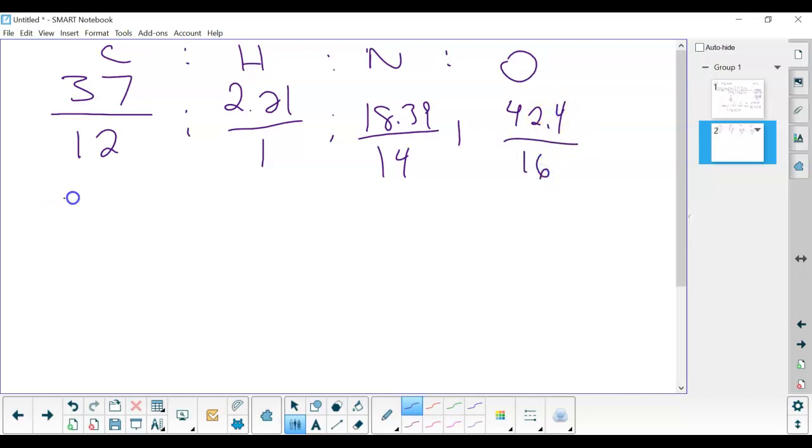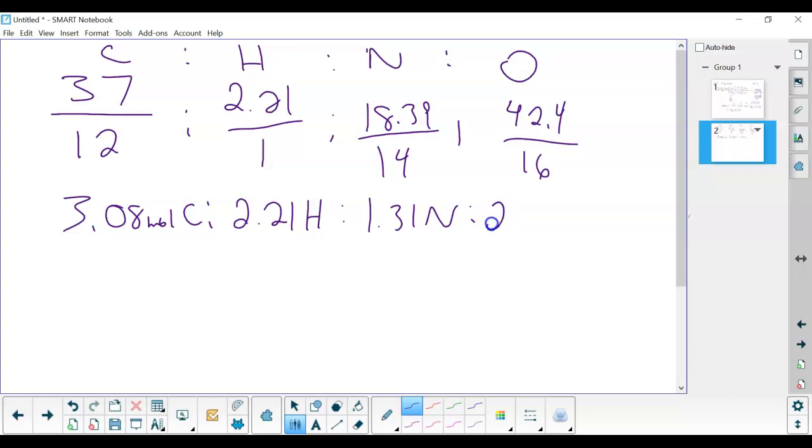That's going to give us our mole ratios. Moles of carbon to moles of hydrogen to moles of nitrogen, and finally oxygen. Then the next step is to divide by the smallest, which is 131.